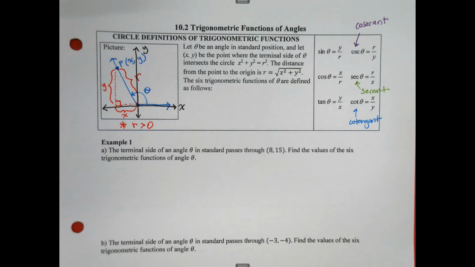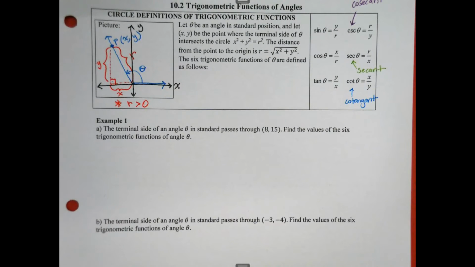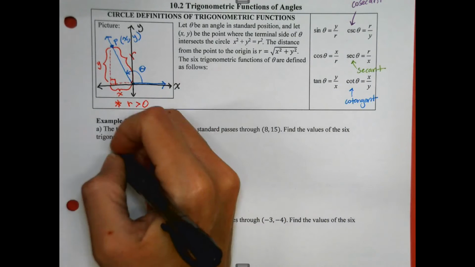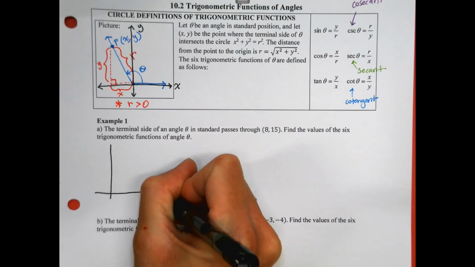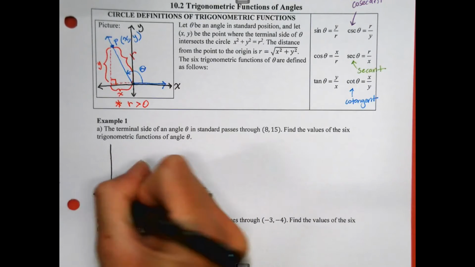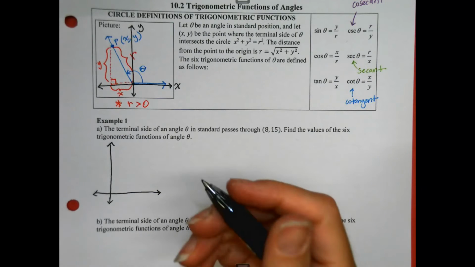Example number 1 here says, the terminal side of an angle theta in standard position passes through the point (8, 15). Find the values of the 6 trigonometric functions of angle theta. It's going to help us to draw a picture so that we can visually see what is taking place. So this tells us that we have a point (8, 15).